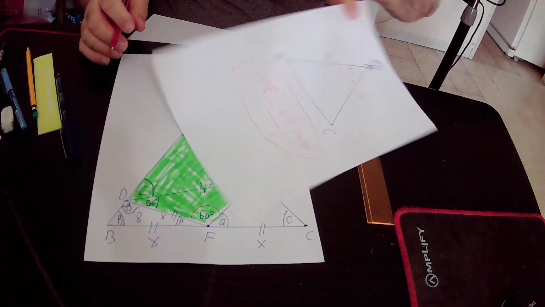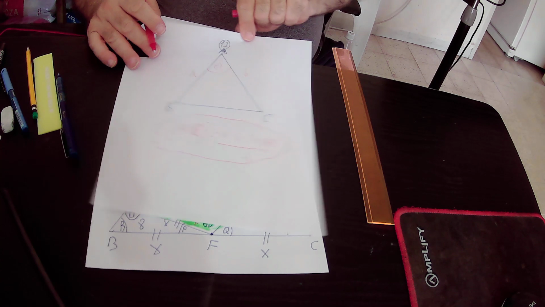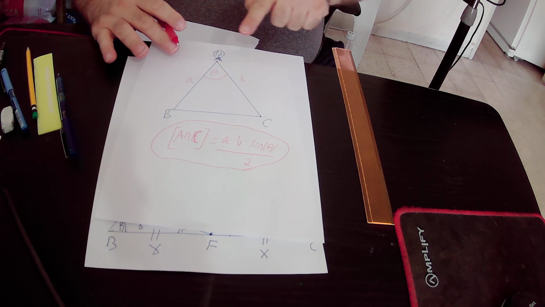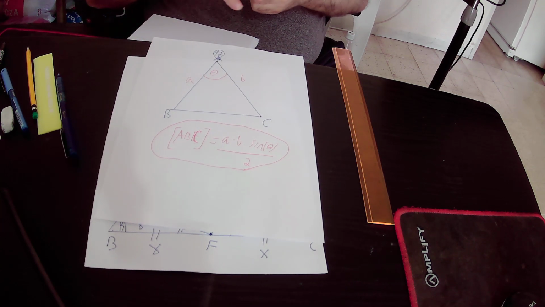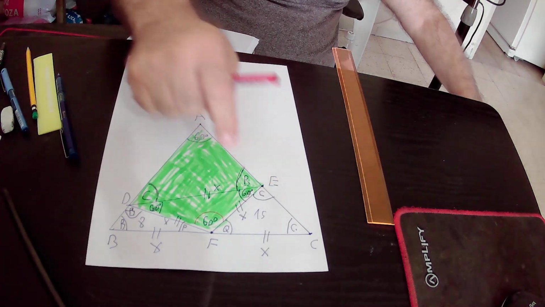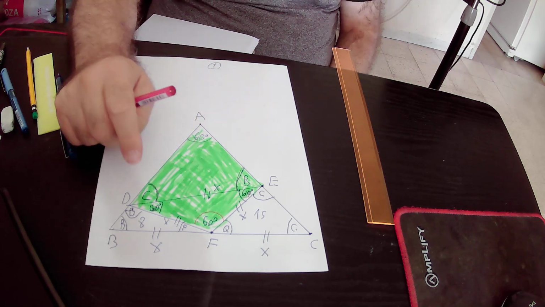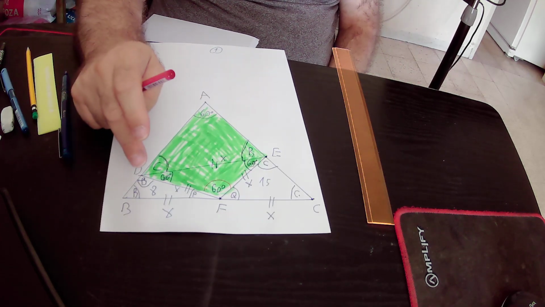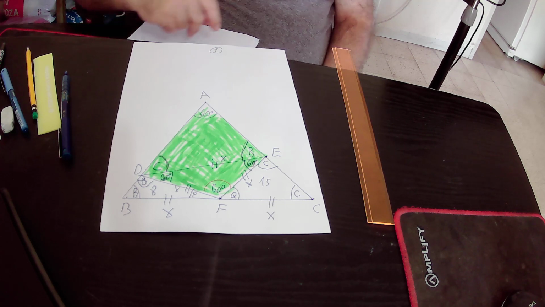Okay, the area of triangle ABC equals A times B times sine theta over 2. We will calculate the areas of the big triangle EFC and the small triangle DBF according to the formula that I presented to you.